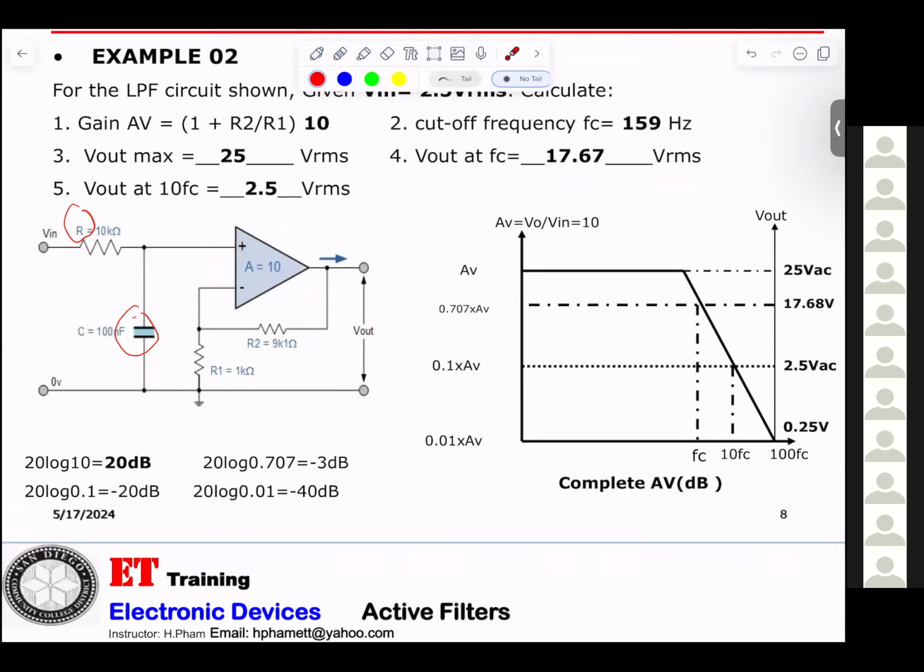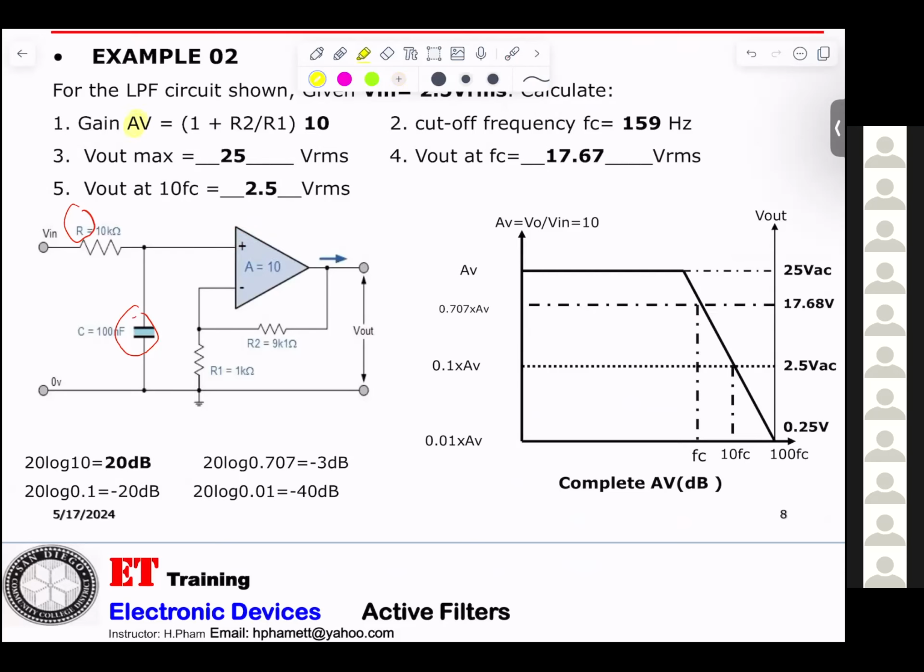Non-inverting. Which one? Non-inverting. You say inverting? Not inverting. Non-inverting, correct. The input goes to the positive, right? That's non-inverting.